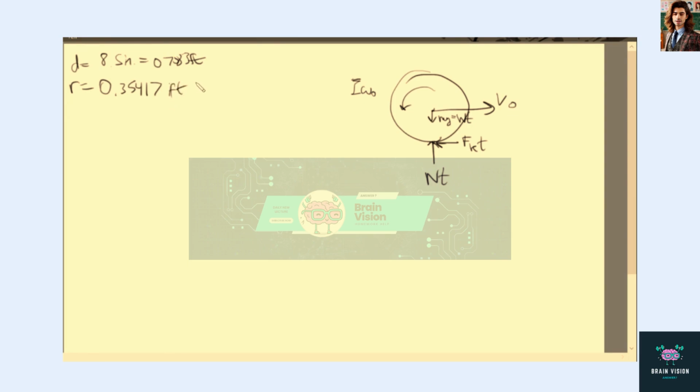We also have an initial velocity of 25 feet per second, an initial angular velocity of 9 radians per second, and a coefficient of kinetic friction of 0.10. So we want to find out at what time does the ball roll without slipping.